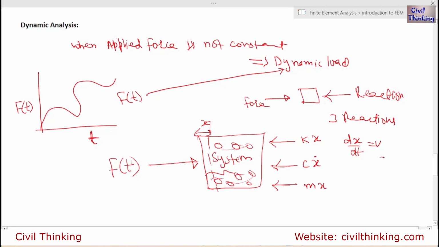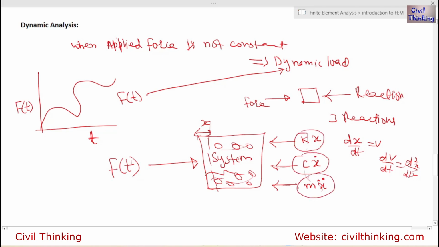Acceleration is dv divided by dt, and v is dx by dt, so it is d square x by dt square. So m x double dot is the acceleration term. So when a system is subjected to a dynamic force, three reactions will arise.